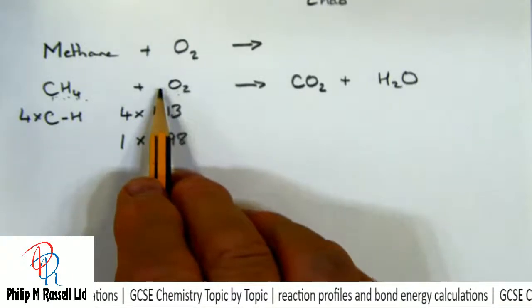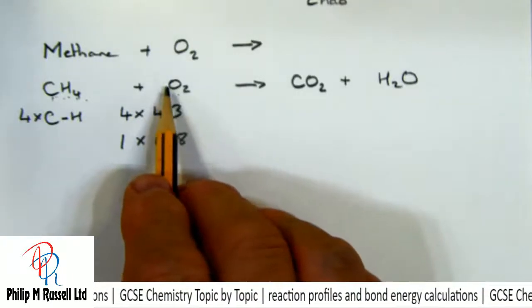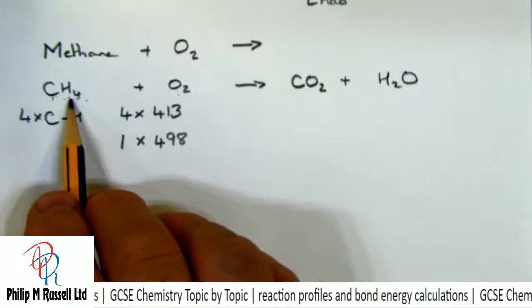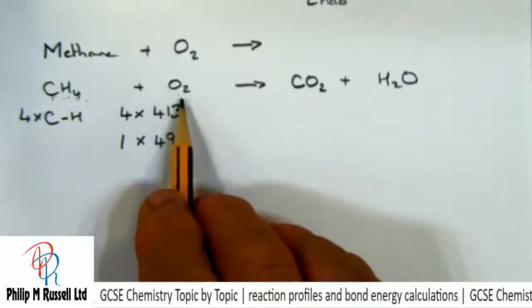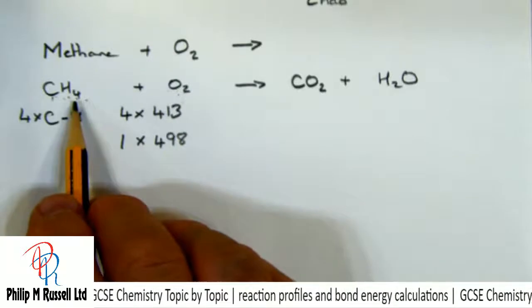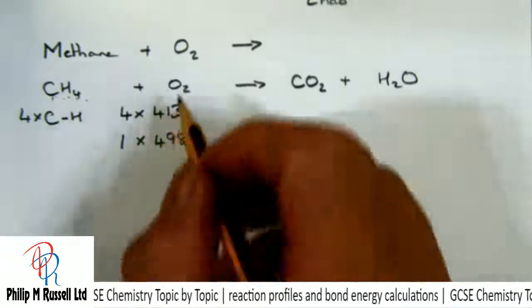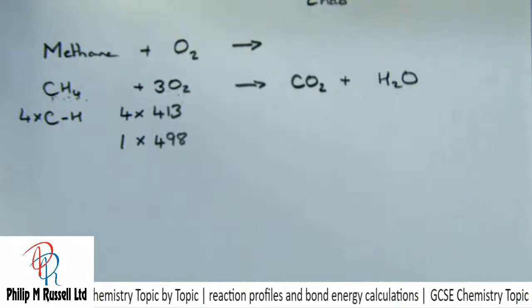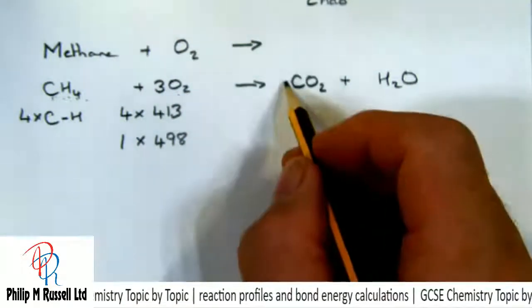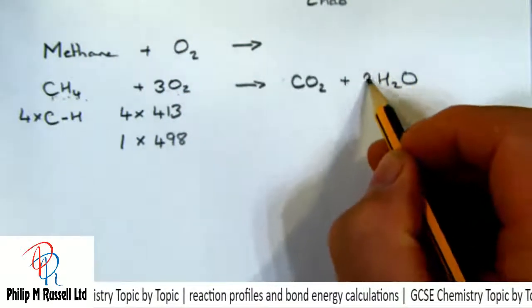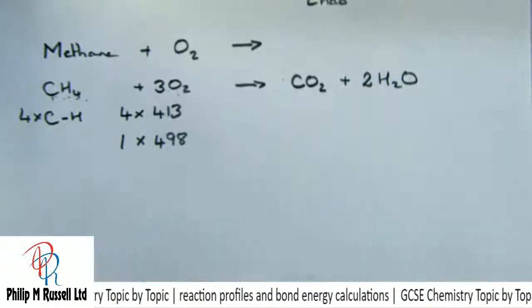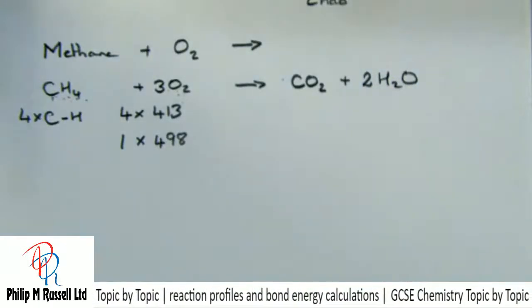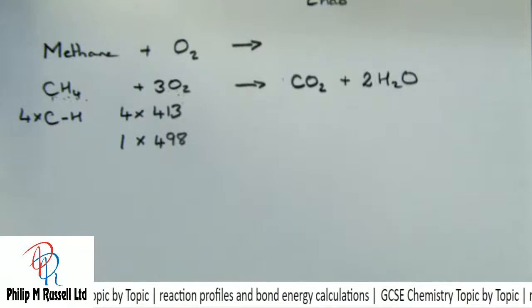So I'm going to require just one of those, but for the water I'm going to require an additional 2 molecules. So we've got 3 of these in total, and that's going to give us one of those, and it's going to give us 2 of those.